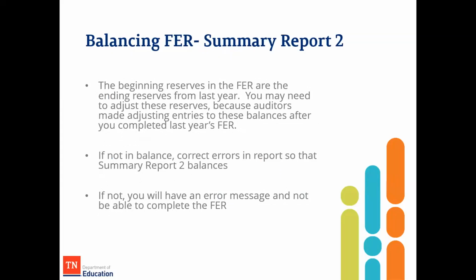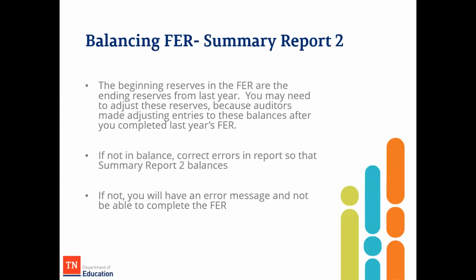And just remember, when you're looking at beginning reserves in the final expenditure report, these are the reserves that you had in the previous year. So they're your ending reserves from last year. So you might need to make adjustments to these, because what happens is you do your final expenditure reports for the year, and then sometimes you have to make audit adjustments. You have to adjust entries that they give you to adjust.